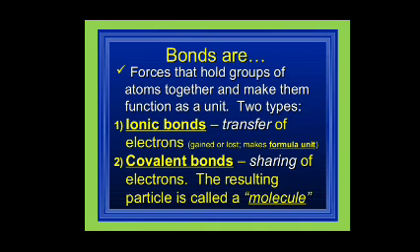Forces that hold a group of atoms together to make them function as a unit. There are two types of bonds: one is covalent bond, second one is ionic bond.